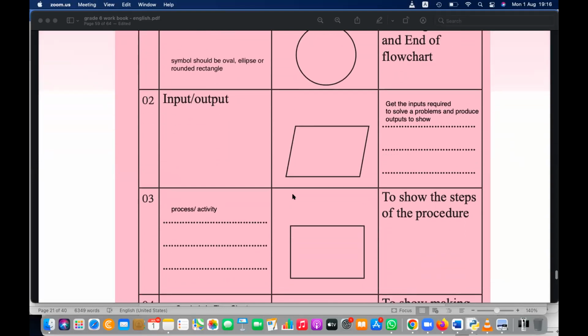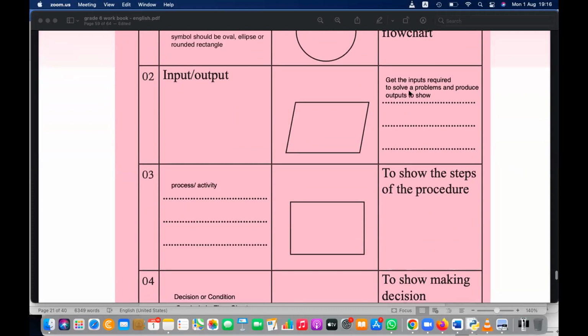You can write down the same. That is the description: process or activity is shown using a rectangle, to show the steps of any procedure.